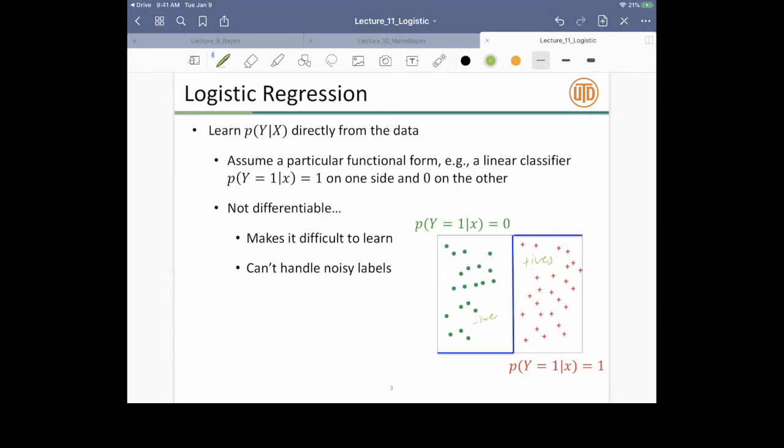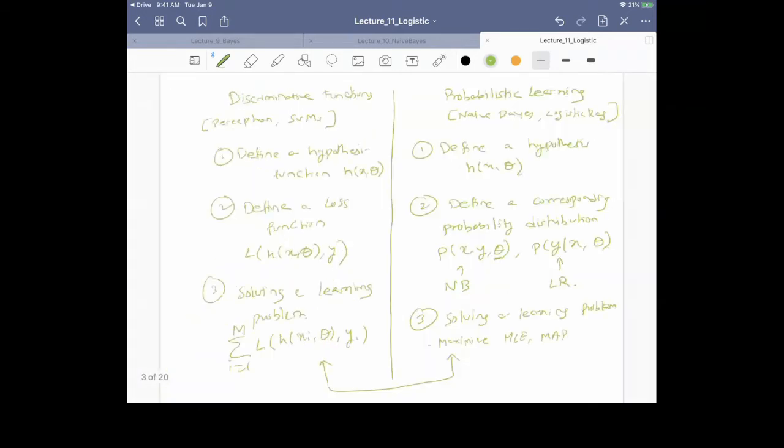This is my class 1, and this is my class 0. P of y equal to 1 given x is 0 over here because I am in my negatives, and we want P of y equal to 1 given x to be 1. In some sense, this is like the case of the loss function perspective.